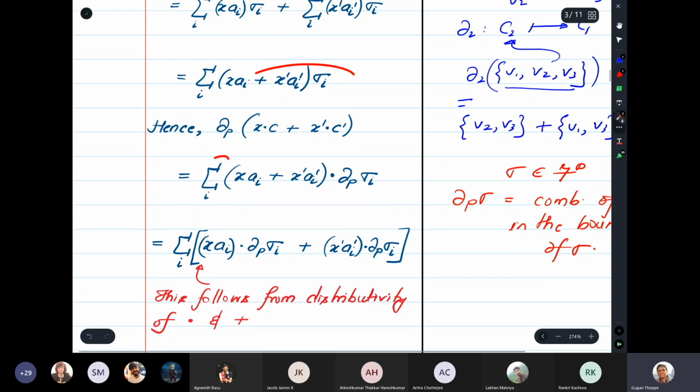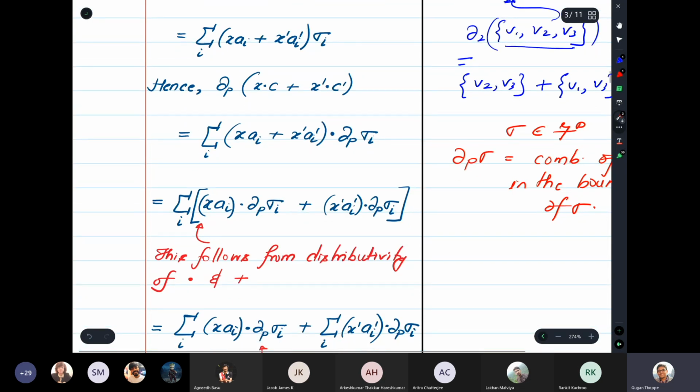It should be the sum over i, where whatever is the coefficient here, you write this coefficient and take the scalar product with ∂_p(σ_i). This is from the way we have defined the ∂_p operator. Now we will do some basic algebra in order to verify whether this expression is indeed x · ∂_p(c) + x' · ∂_p(c').